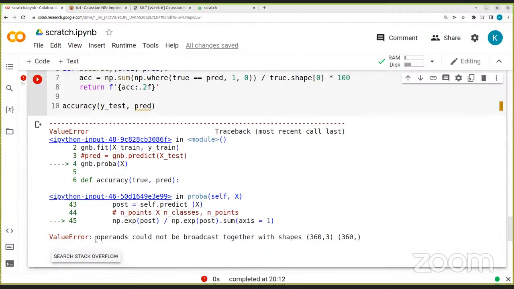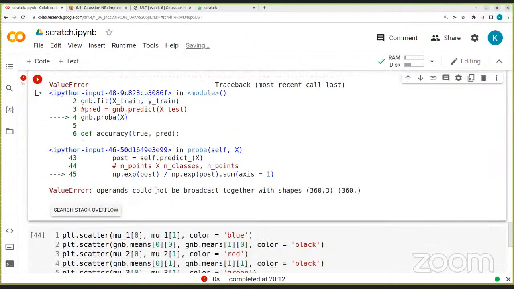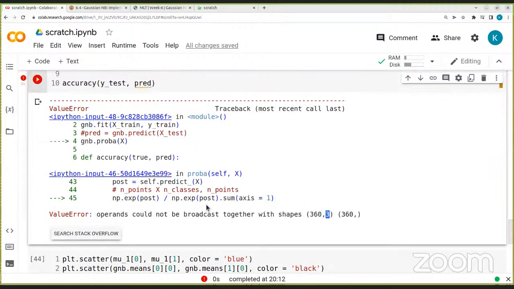Okay, so you see the value error here, right? Operands could not be broadcast with these two shapes. So this is number of points comma classes. This is number of points. So you can't divide a 360 by 3 array with a 360 array, right? The last dimension should match. Here they don't match. It is 3 in this case and nothing here, or 360.